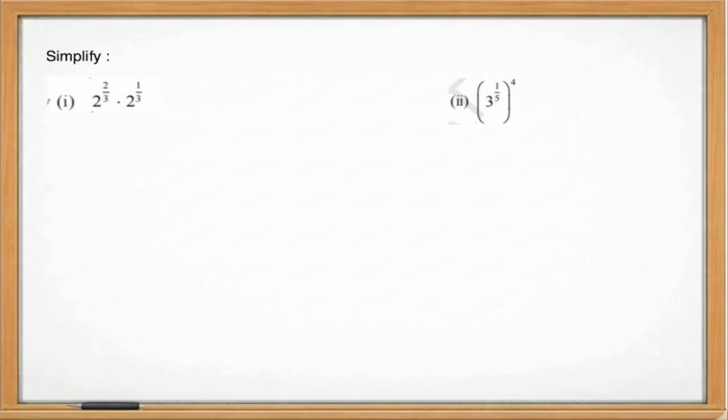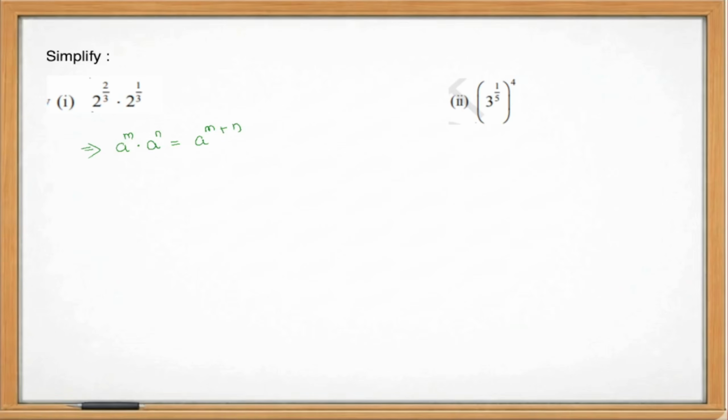Simplify. The first question is 2 raised to 2 by 3 into 2 raised to 1 by 3. According to the law, we can write this as a raised to m into a raised to n, which is equal to a raised to m plus n.